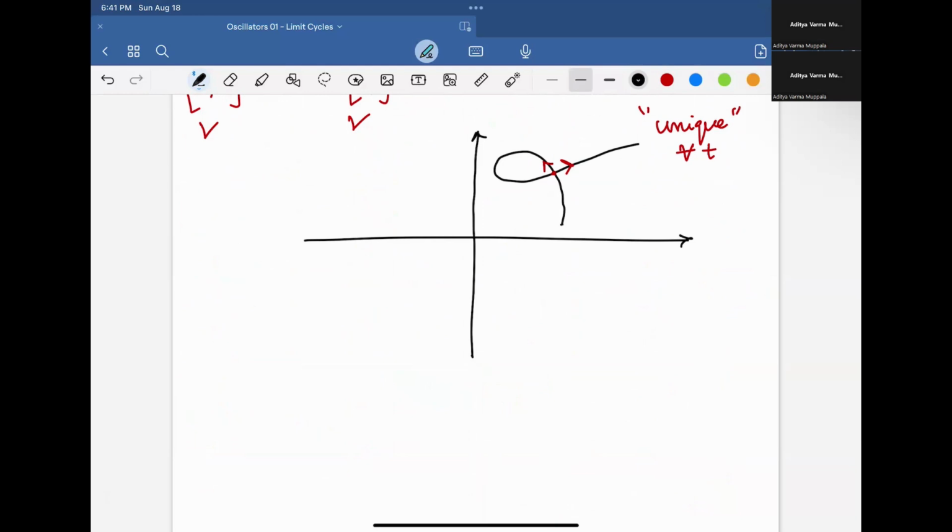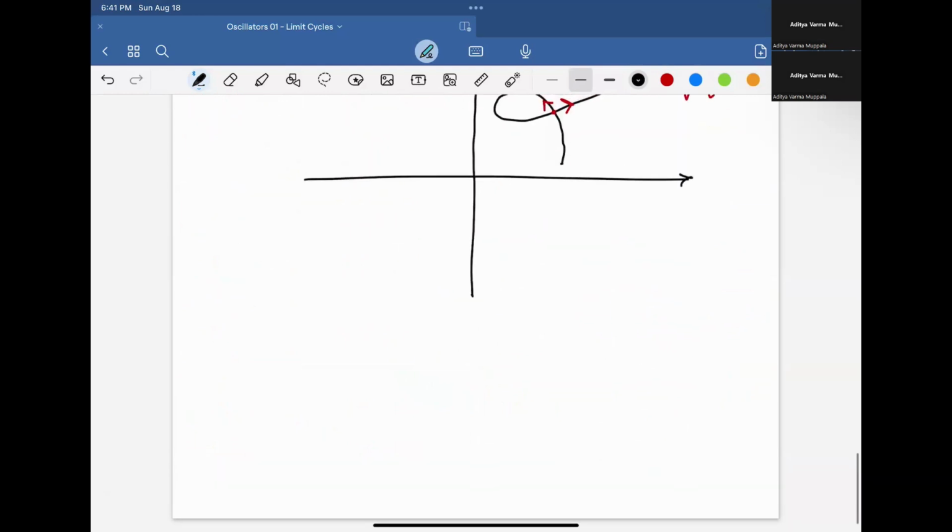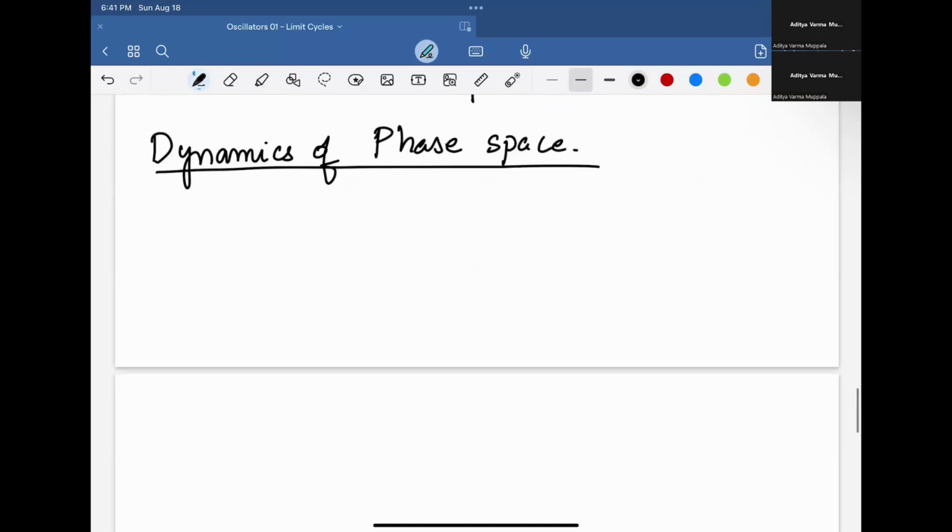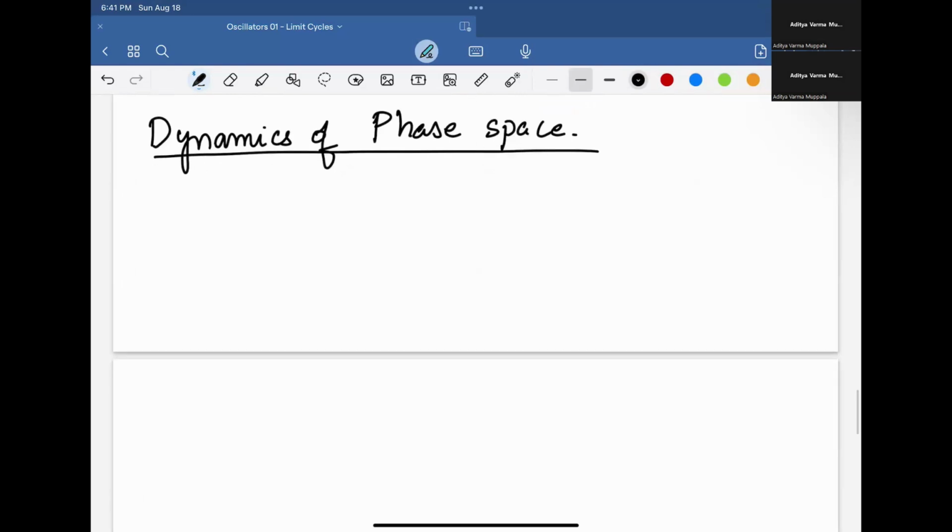So let's look at what other dynamic behavior you can have on this phase space. Okay, so there are obviously some trivial ones. For example, if I have this vector x dot equal to 0 for all t, which means that every point, no matter where it starts, just remains there.